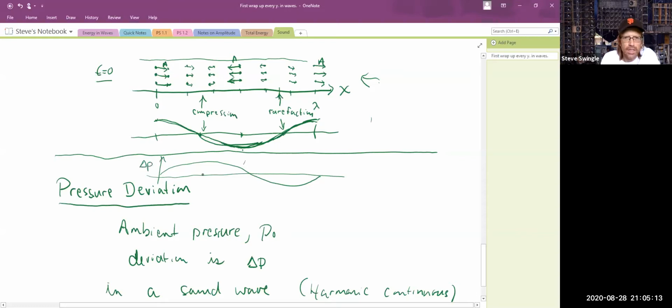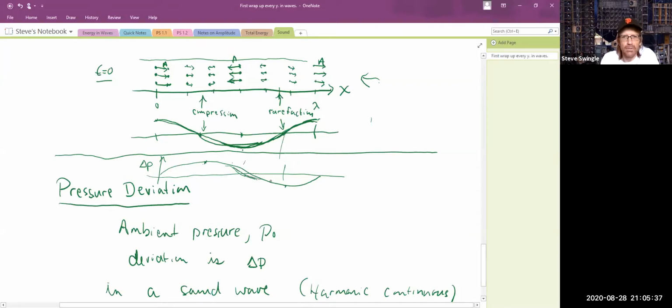Because you have high pressure at the compression zone. You have low pressure at the rarefaction, and there's 0 pressure deviation at this location. Even though there's a lot of displacement of air molecules in that location, they're all displaced the same amount, so they're not really crushed together or pulled apart. So it's not really a compression or a rarefaction.